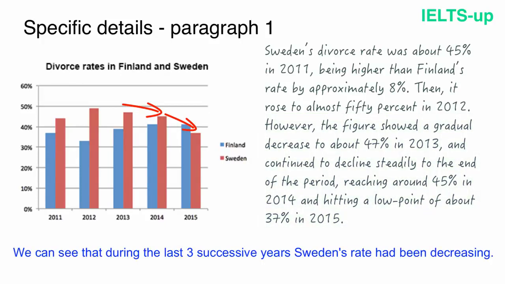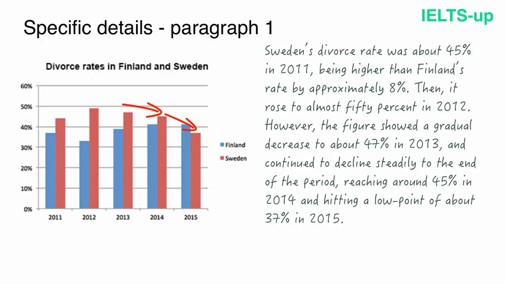We can see that during the last 3 successive years, Sweden's rate had been decreasing. So I combine this information in the last sentence by writing, however, the figure showed a gradual decrease to about 47% in 2013 and continued to decline steadily to the end of the period, reaching around 45% in 2014 and hitting a low point of about 37% in 2015.